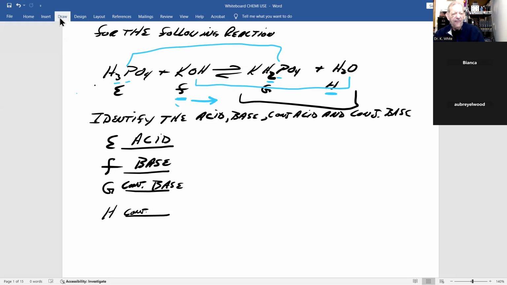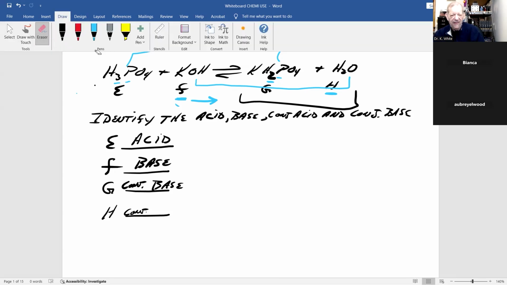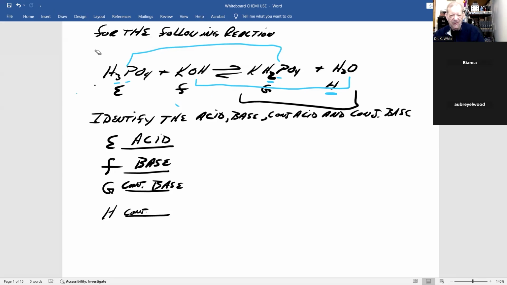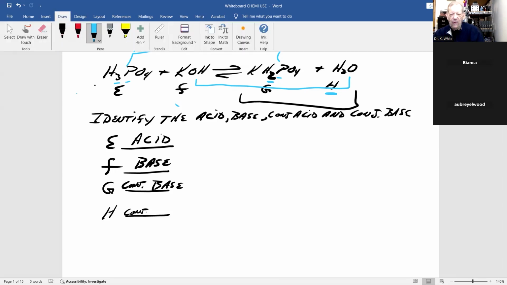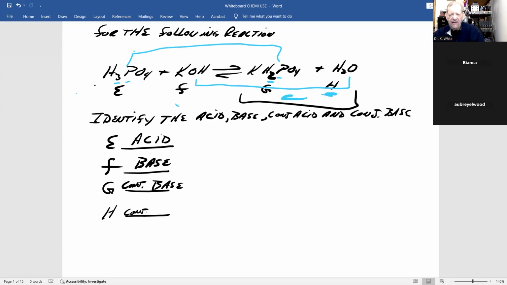And now we're left with one more to do. By a process of elimination, you should know what it is, but let's make sure we did this right. When we go from H to F, its conjugate, do you lose or gain a proton? Count hydrogens. Go from 2 to 1. Oh, it's lost or given up or donated a proton.